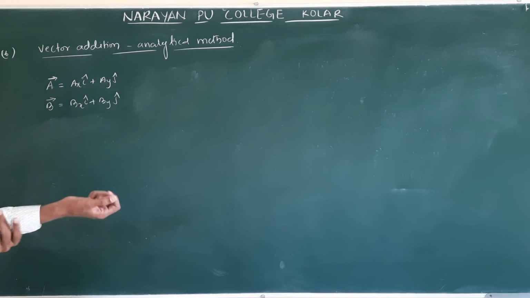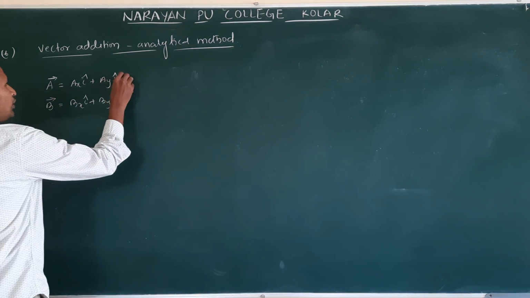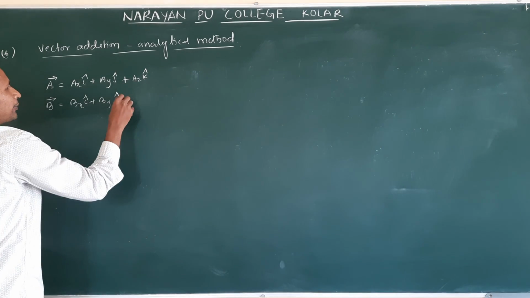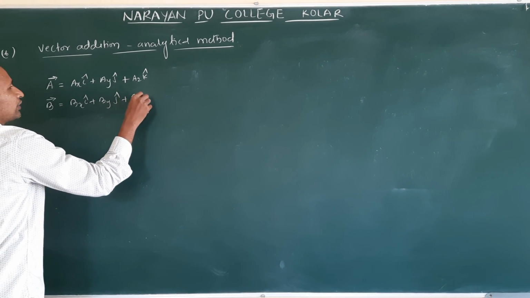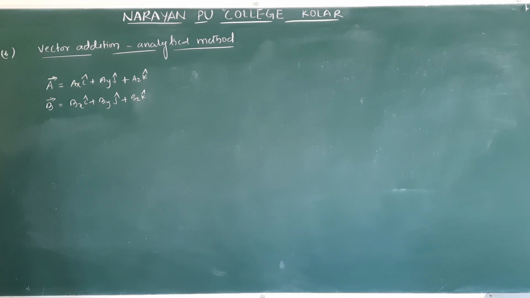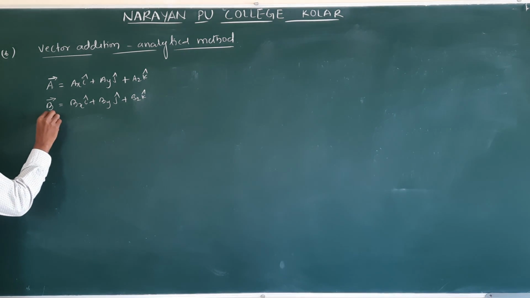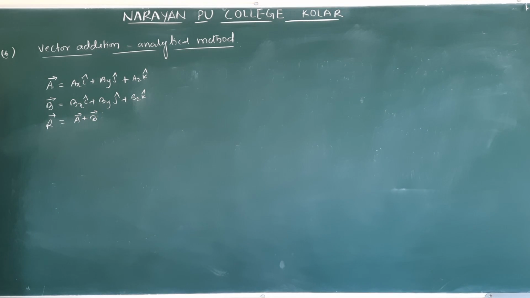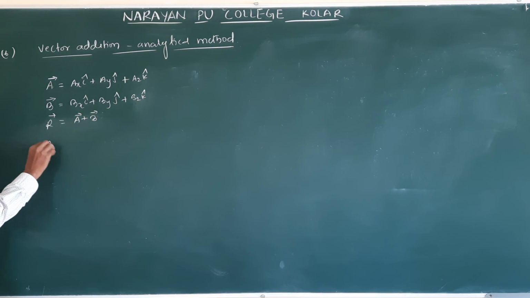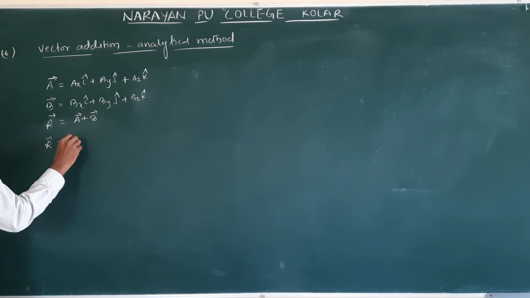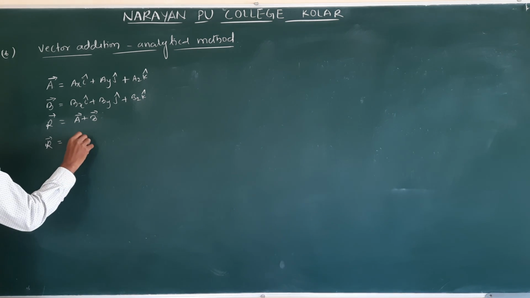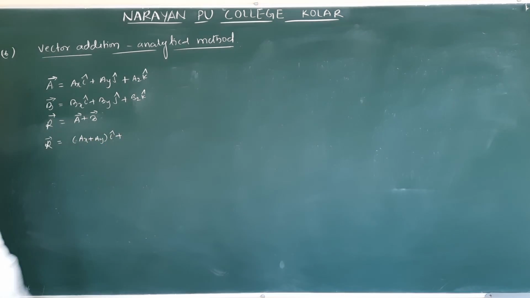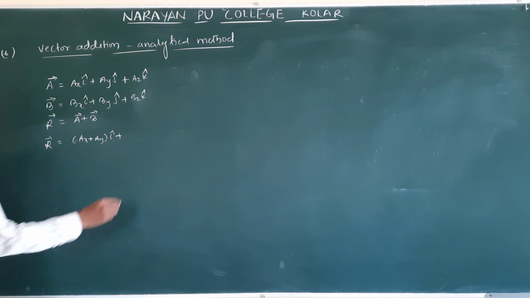So now we'll see three-dimensional vectors. Take Az k cap, Bz k cap. So R is what? A plus B. Okay, I am writing directly. R will be, if you take the common i components, Ax plus Bx i cap.